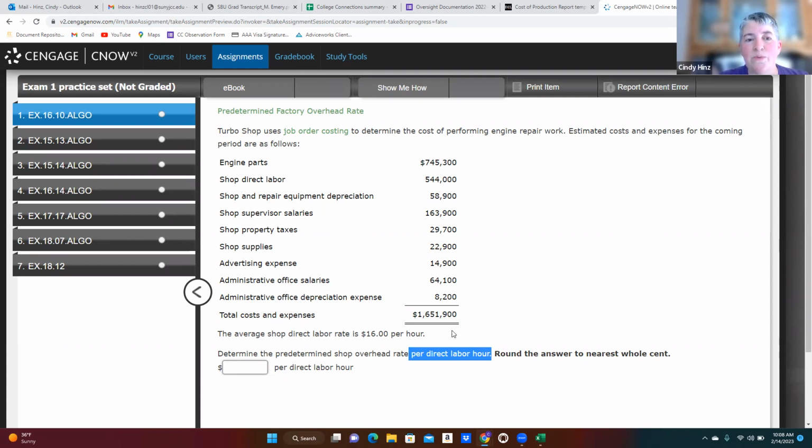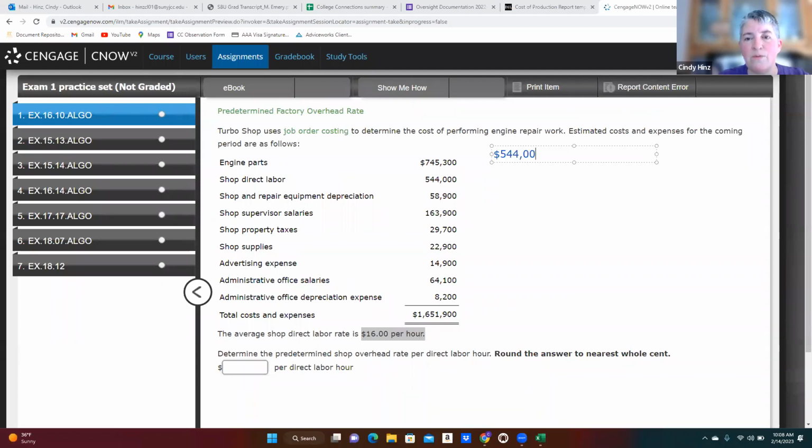Now, it doesn't tell us what the direct labor hours are, but you'll notice it does say that the direct labor is $544,000 and the average cost is $16 per hour. So let me get my annotate function up here so I can put some calculations on the screen for us.